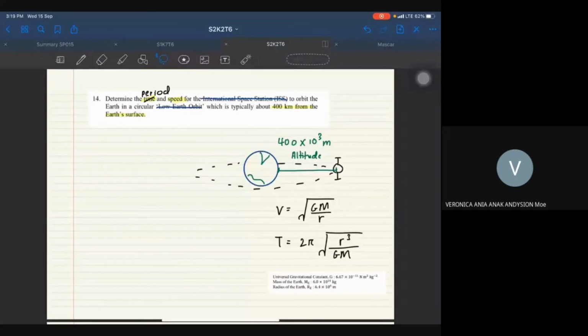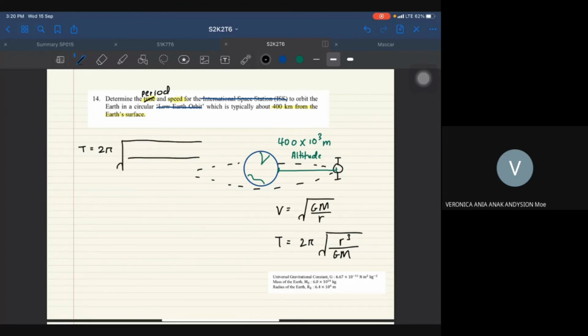To calculate velocity, but obviously it asks for the period, so let's calculate the period first. For the period, you can use T equals 2 pi square root of R cube over GM.